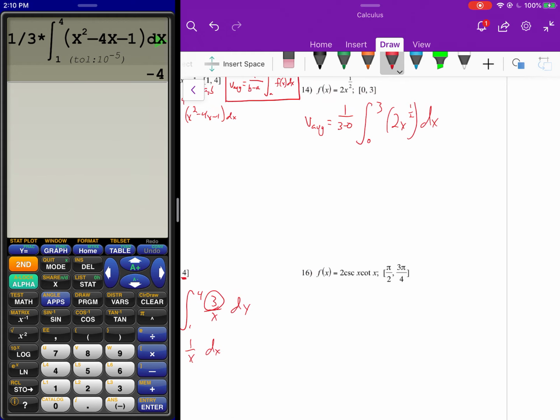Same thing with this one. So this is going to be 1 over 3 pi over 4 minus pi over 2, integral from pi over 2 to 3 pi over 4 of this function, which again, you should recognize that one.